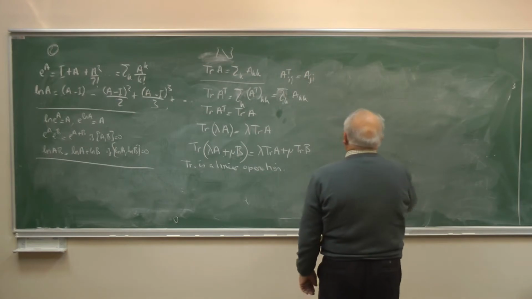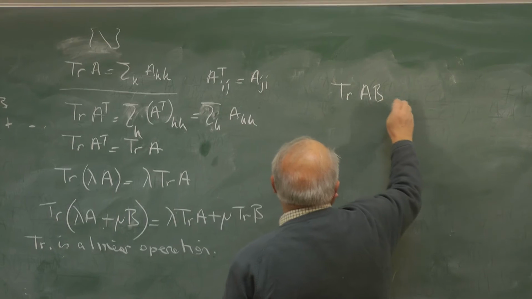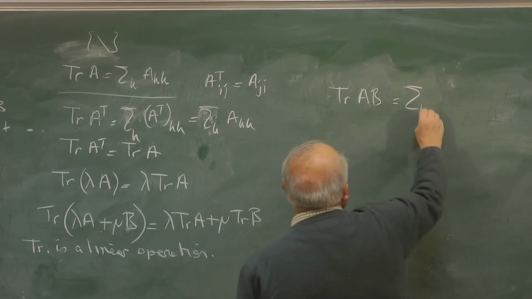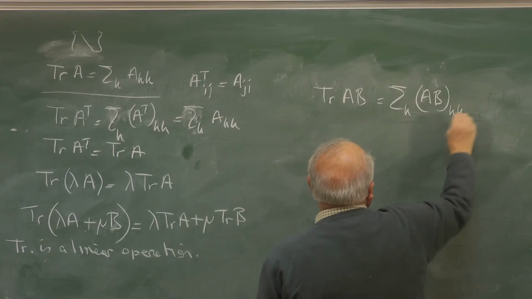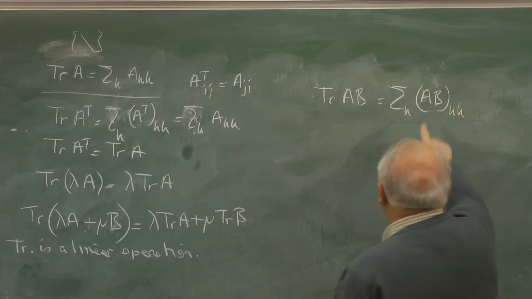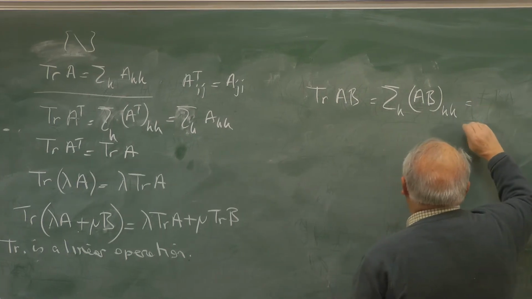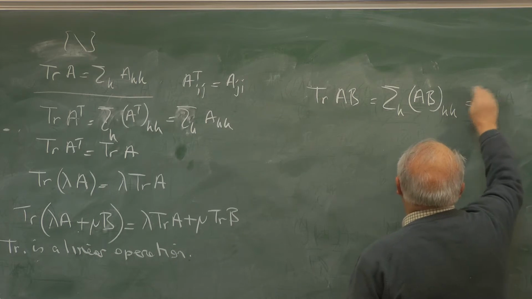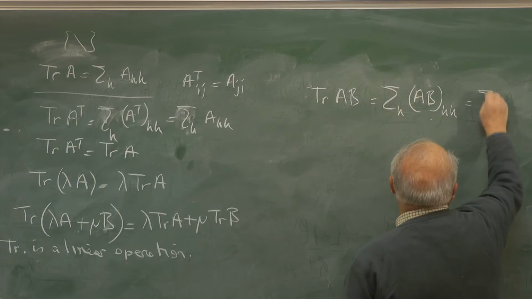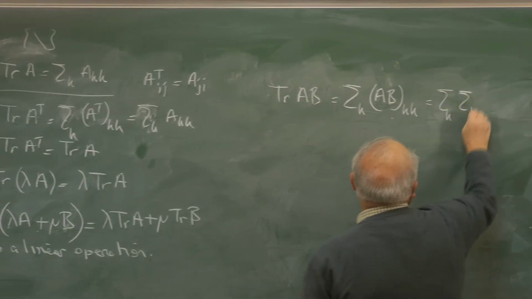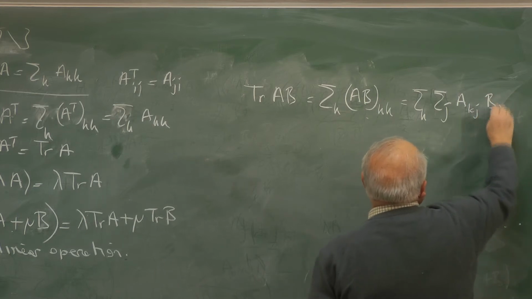All right, what about the trace of AB? Trace AB is sum over K, (AB)_KK. But A and B are matrices, so there's a matrix multiplication implied here. So it is sum over K, sum over J, A_KJ B_JK.